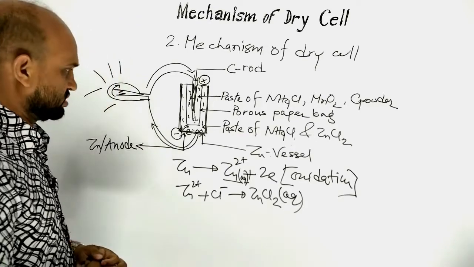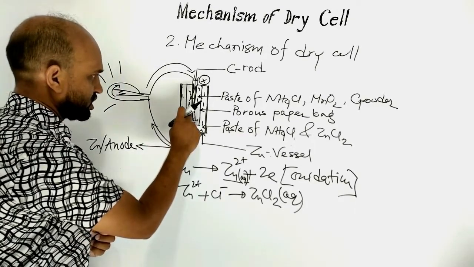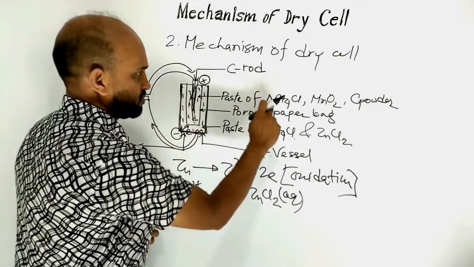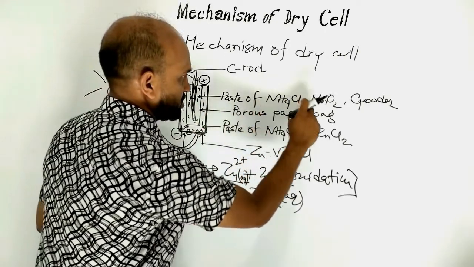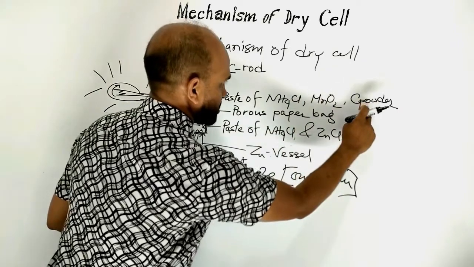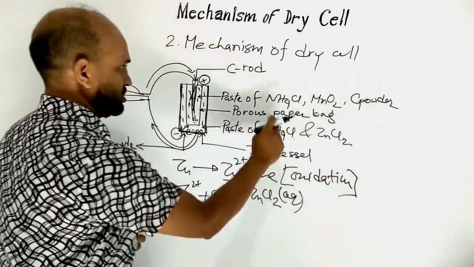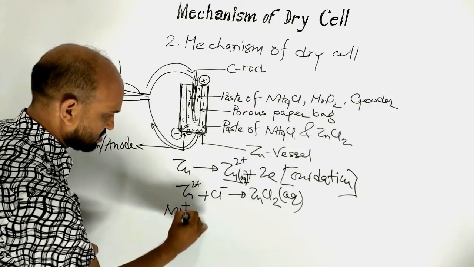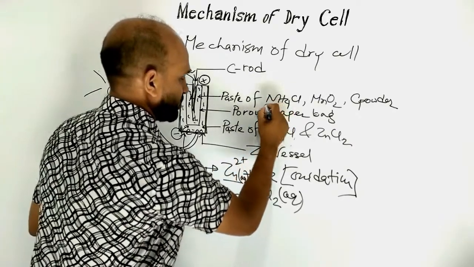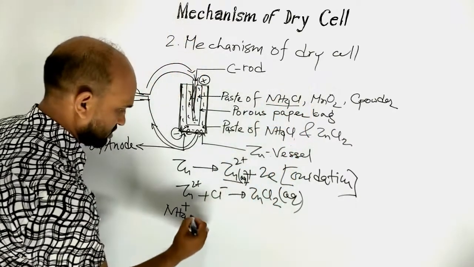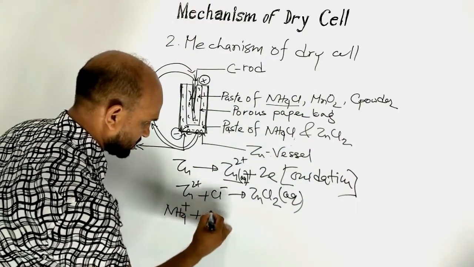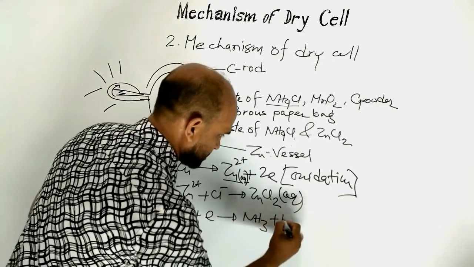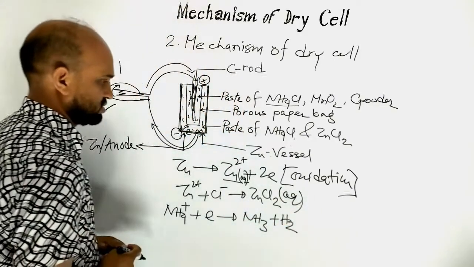Let's see. In the porous bag, paste of ammonium chloride, manganese dioxide and carbon powder present. So here ammonium ion that is produced from ammonium chloride receives electron to form ammonia and hydrogen.